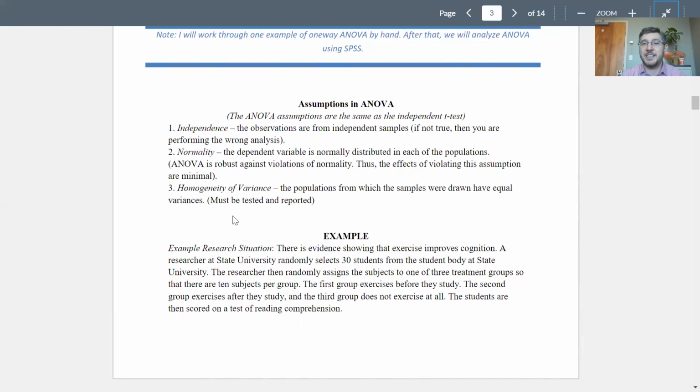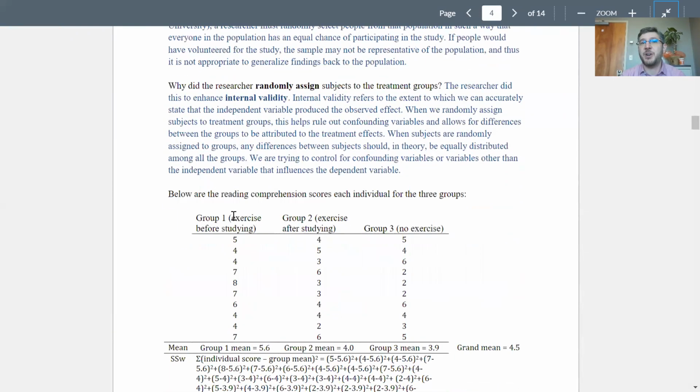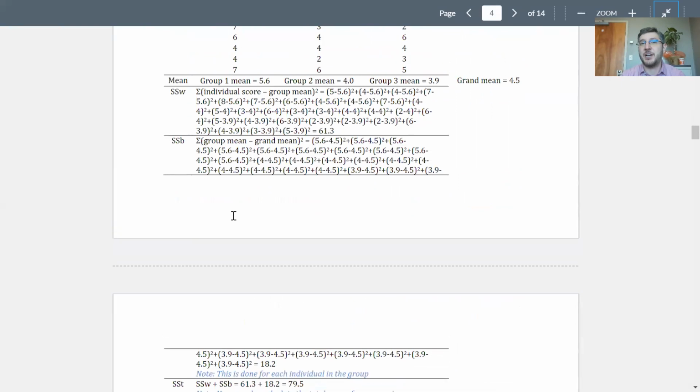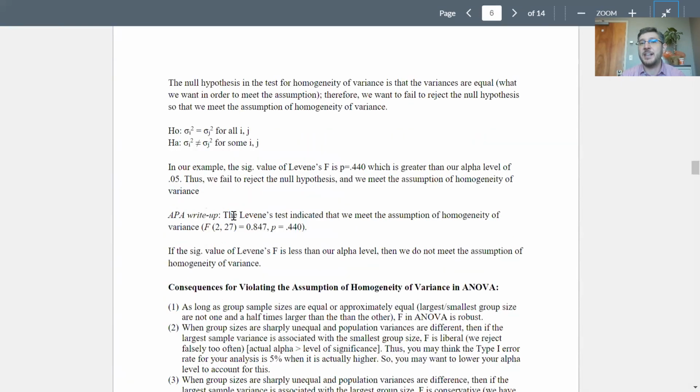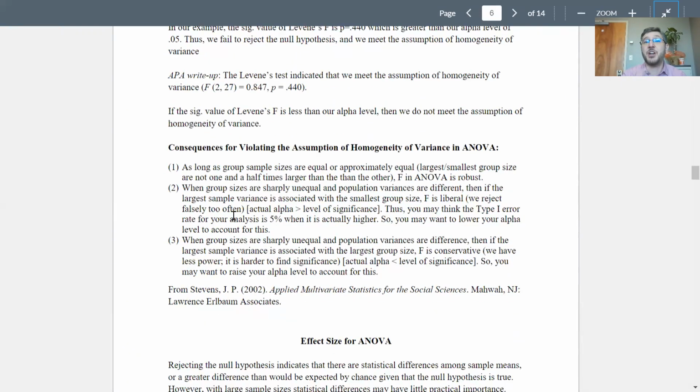In the notes, I run through an example where I calculate everything by hand, but then I also have an SPSS document where I go through the same example and show you how to do it in SPSS.